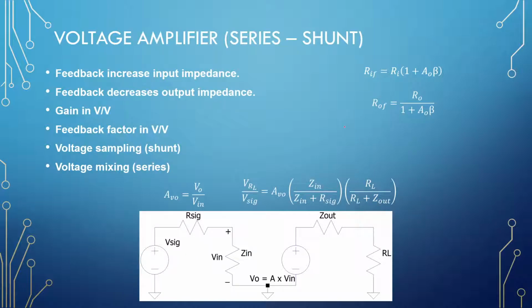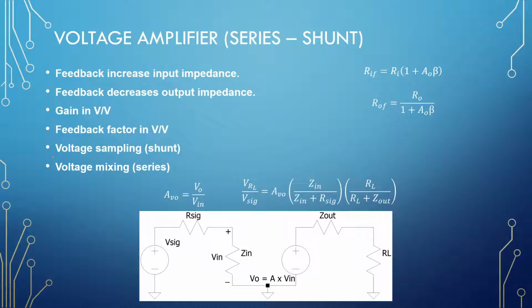On to our four amplifier topologies. The next four videos we will look at each one of these topologies, and the first one will be the voltage amplifier, also the series shunt feedback topology. Now this name has to do with sampling and mixing. So let's jump to the last two points right here.